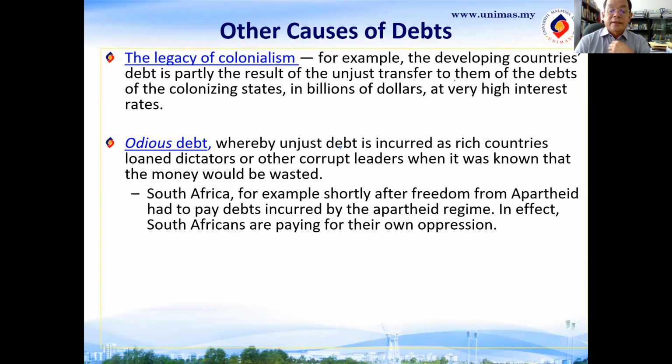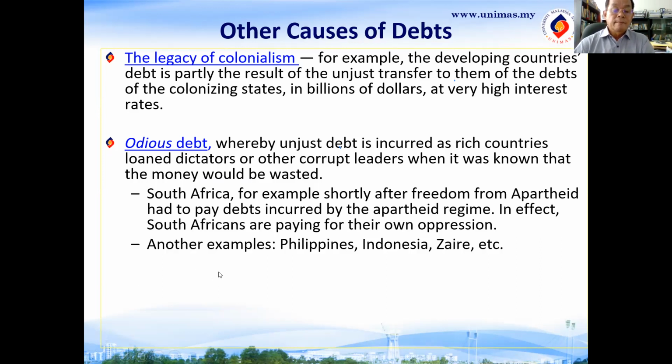So in effect, South Africans are paying for their own oppression. After they were oppressed and marginalized, they then have to pay the debts of the previous regime as well.